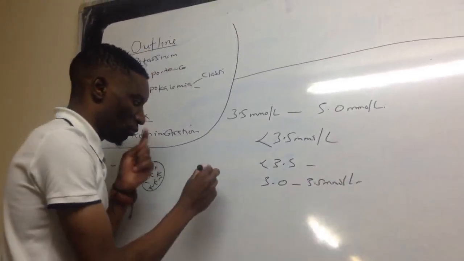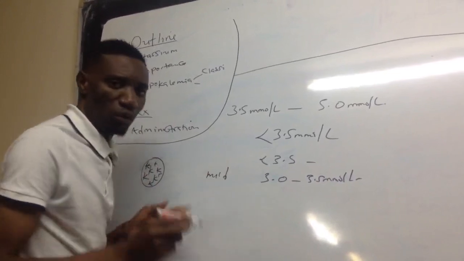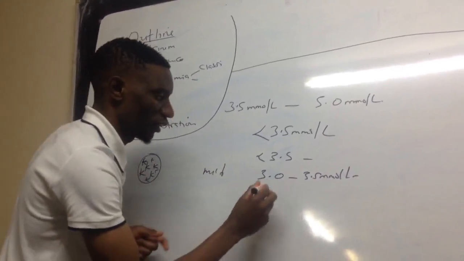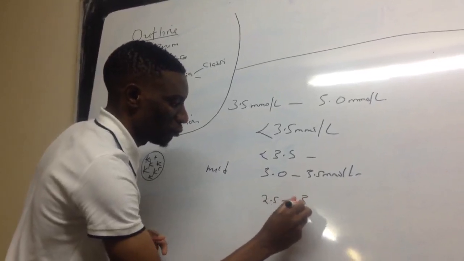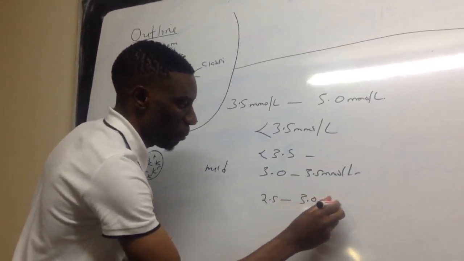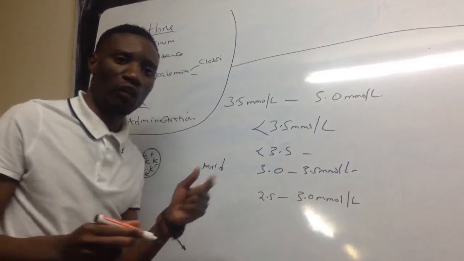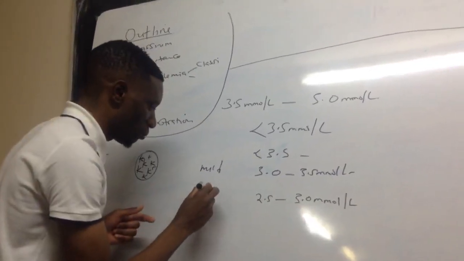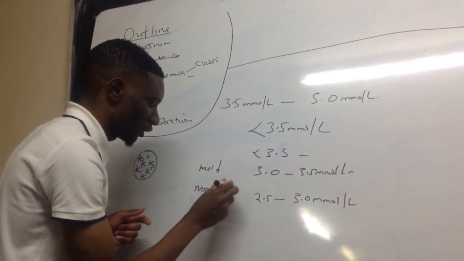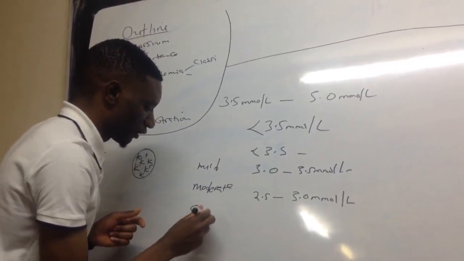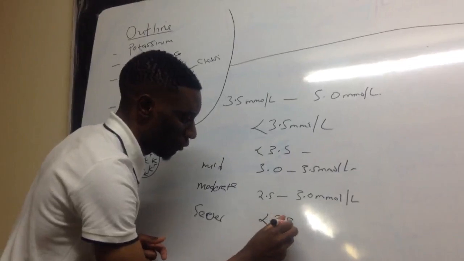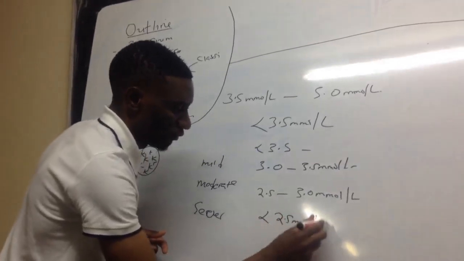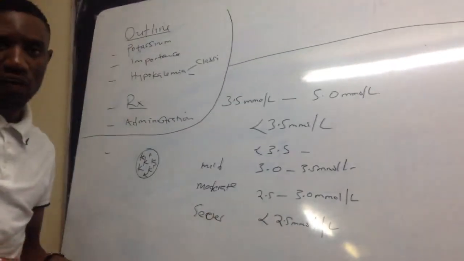Moderate is values less than 3, about 2.5 to 3.0 millimoles per liter. This is categorized as moderate hypokalemia. For severe, you see values less than 2.5 millimoles per liter. This is severe hypokalemia.